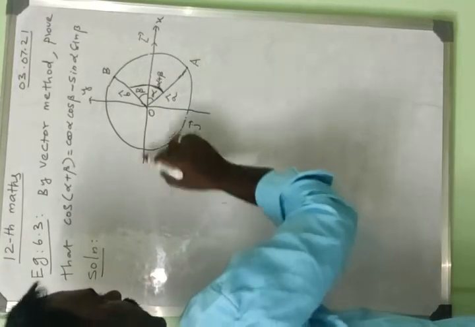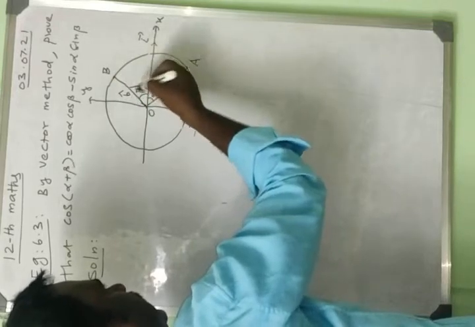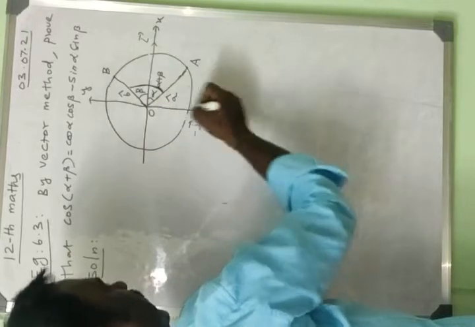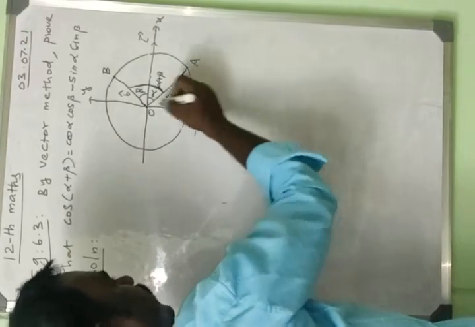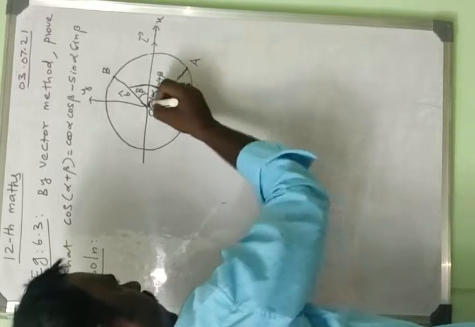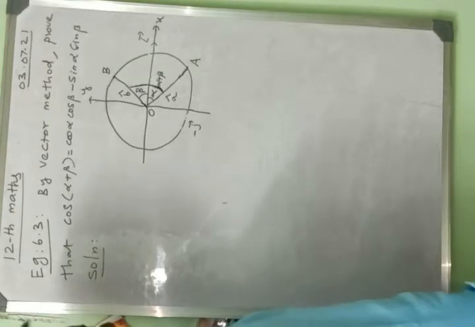Point A is in the fourth quadrant, so on the y-axis we put minus vector j.